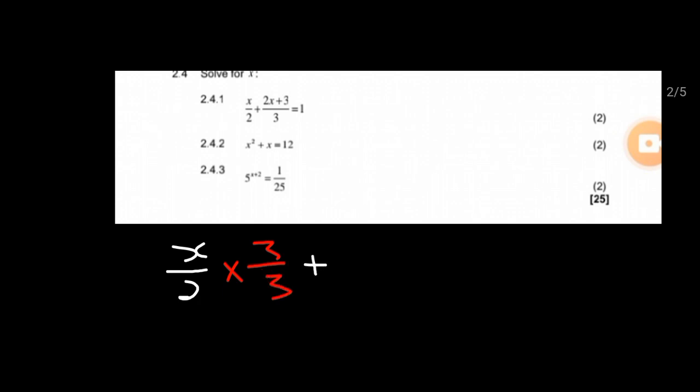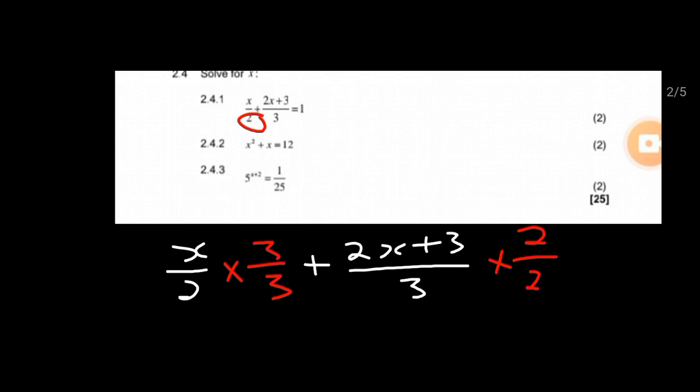Then we have a plus sign in between, plus (2x plus 3) over 3, and then we multiply it by the denominator of the other fraction, which is 2 over 2, equal to 1.